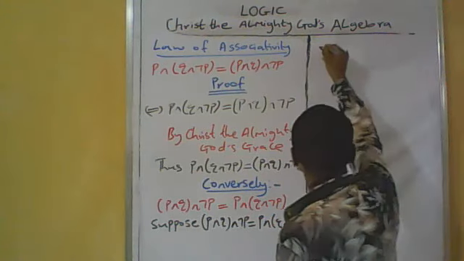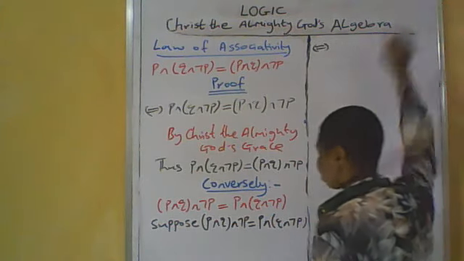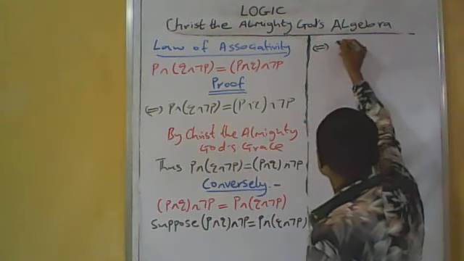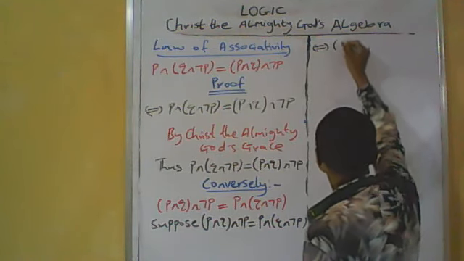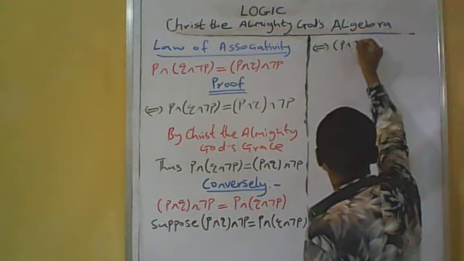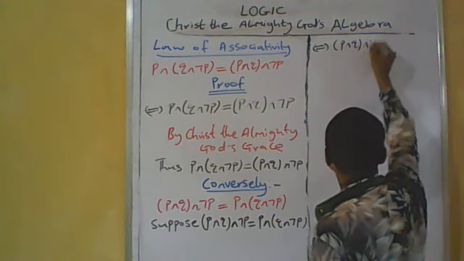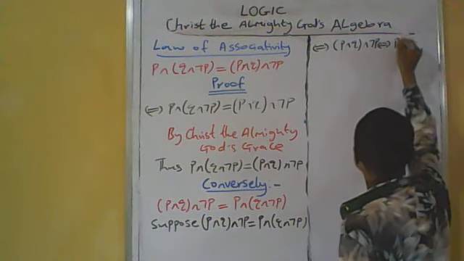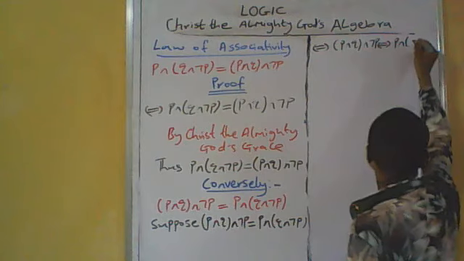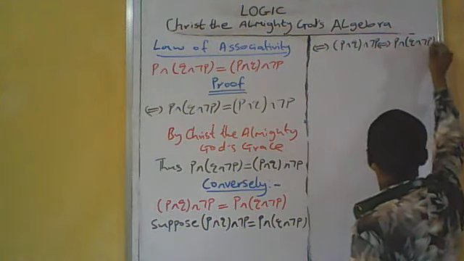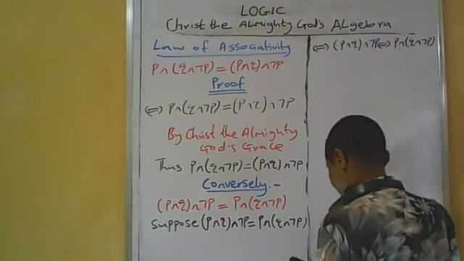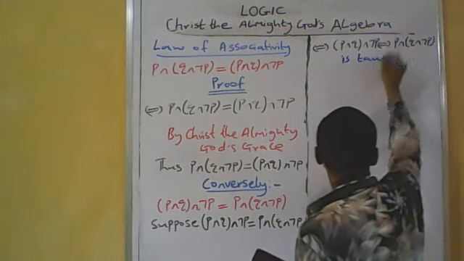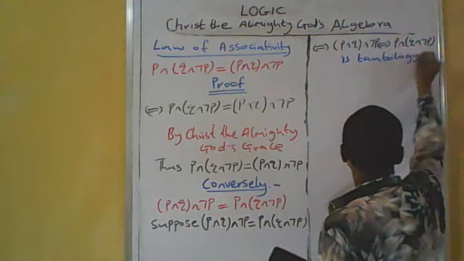Say if and only if this is true, this also must also be true. Bracket P and Q and not P, if and only if P and bracket Q and not P is tautology.